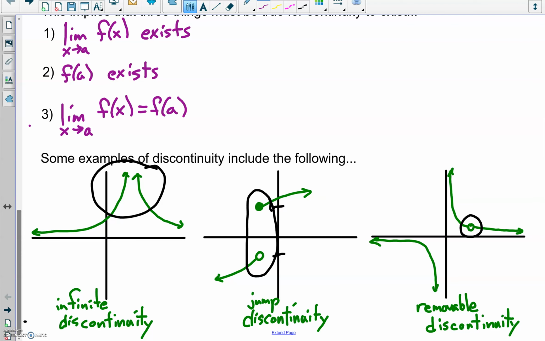It's still a domain issue. But what we could do is define this in a piecewise approach and say, well, f at this x value is just going to be a y value that will fill in that hole. So you've removed the discontinuity. So they'll call this a removable discontinuity when you just see a hole in the graph, because you can just fill in that hole.